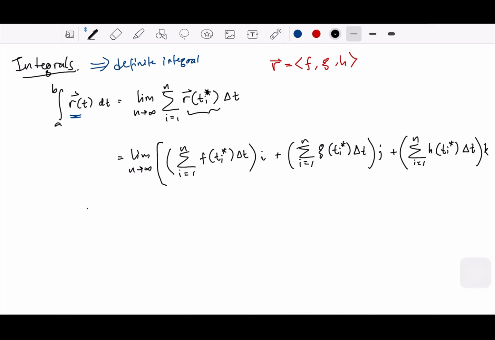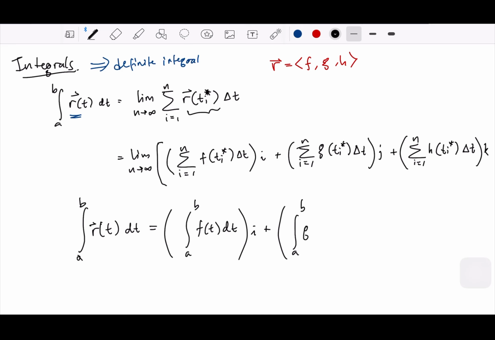Or we can say that this is equal to the integrals of each component.